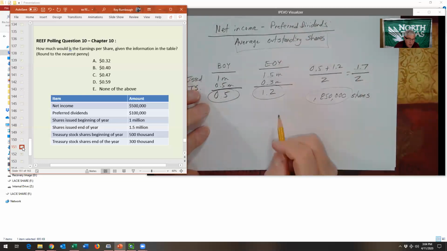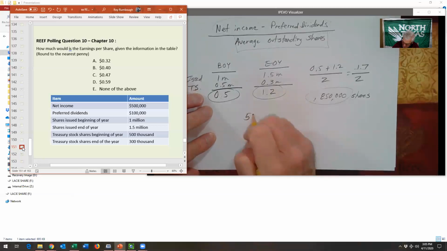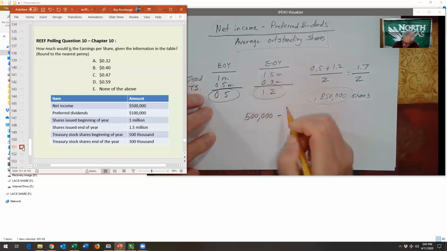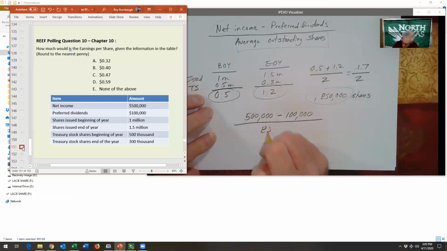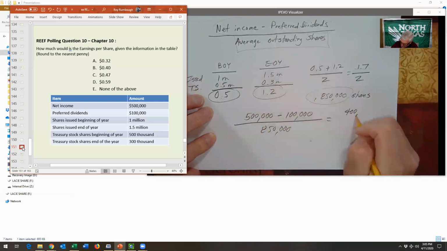So now we just calculate the formula here. We've got 500,000 minus 100,000 divided by 850,000. So that's going to be equal 400,000 divided by 850,000.